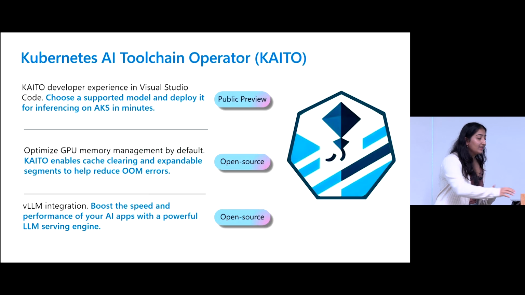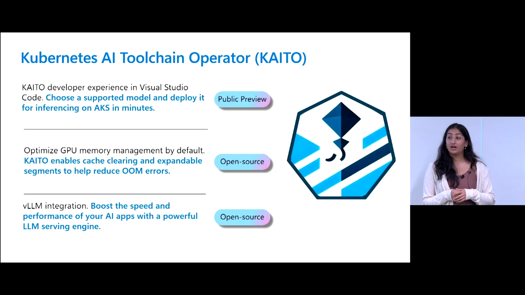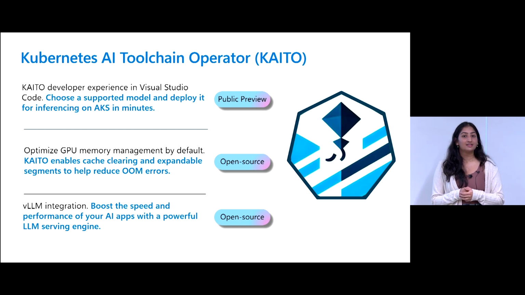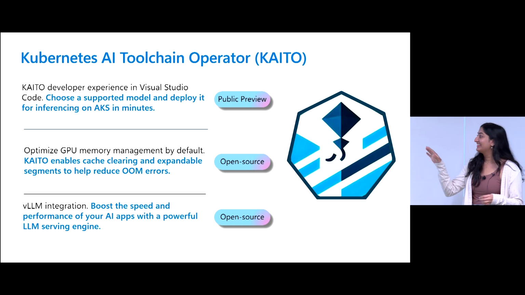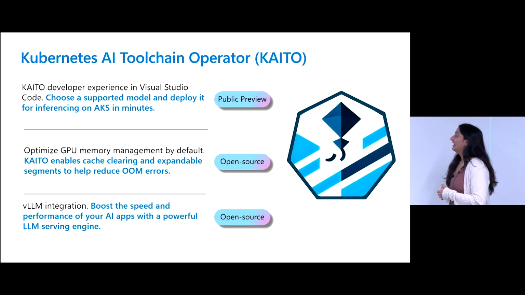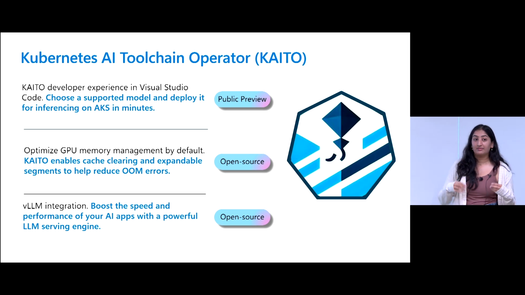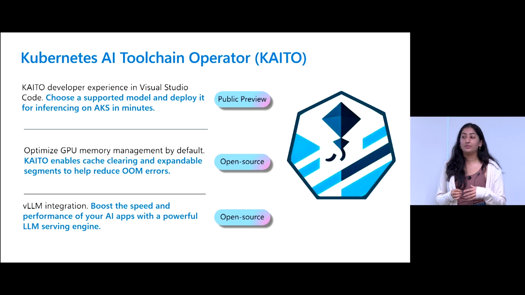So that is where the Kubernetes AI toolchain operator comes in. How many of you folks have heard about this project on AKS? Okay, so I'll just go into the basics of how it works. Kaito was developed in open source by folks in the AKS team, and we also have a managed add-on that's in preview currently.